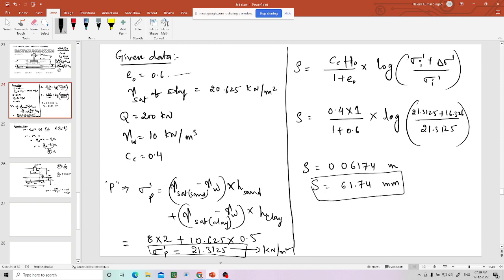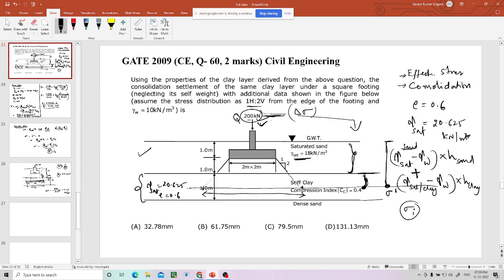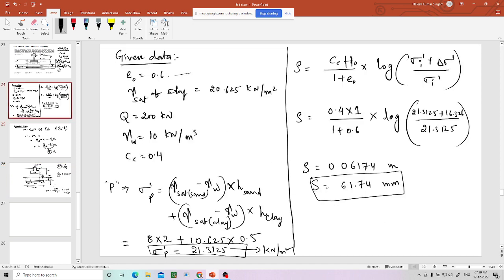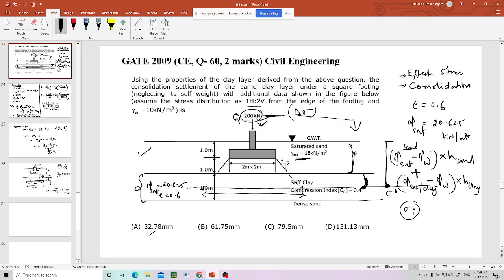So this should be the answer. Let us go back to the question and check. The options say 61.75 mm, so that answer must be 0.06175 or more, so that it will become 61.75 mm. So the answer should be B. Is there any doubt in this problem?